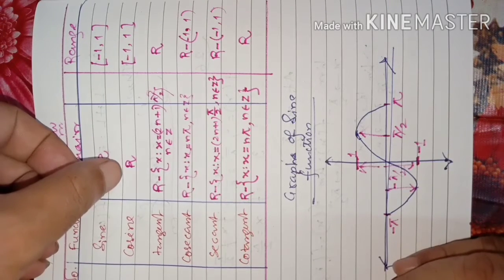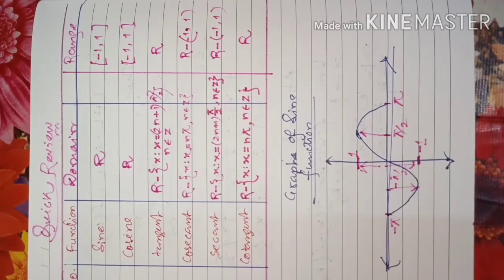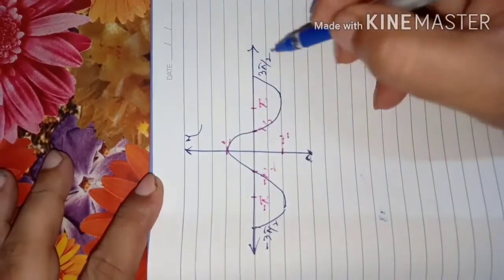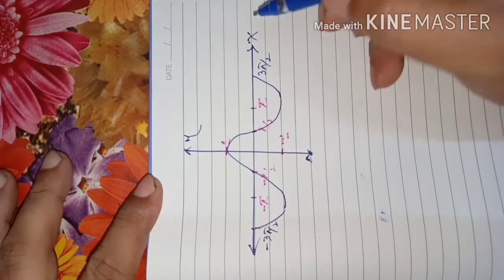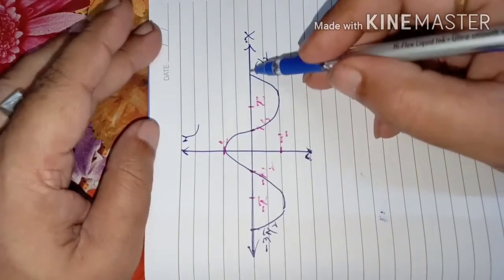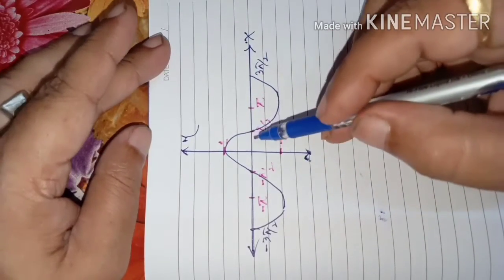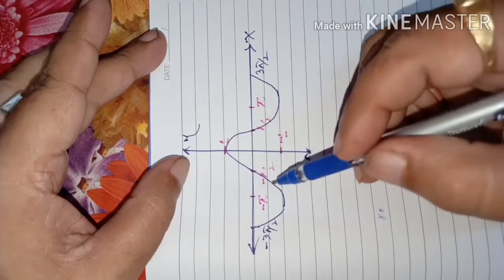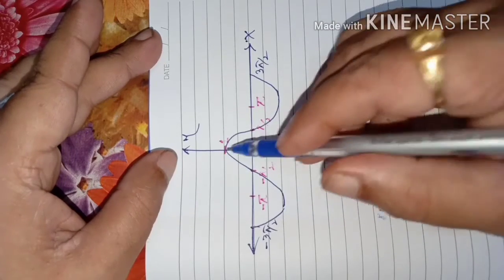Cosine function is also the same way, but the graph will not be like this. The cosine function's graph is this one. It has the same domain, the set of real numbers, meaning for any real value there is a value for the cos function, but the value is always between -1 and +1.